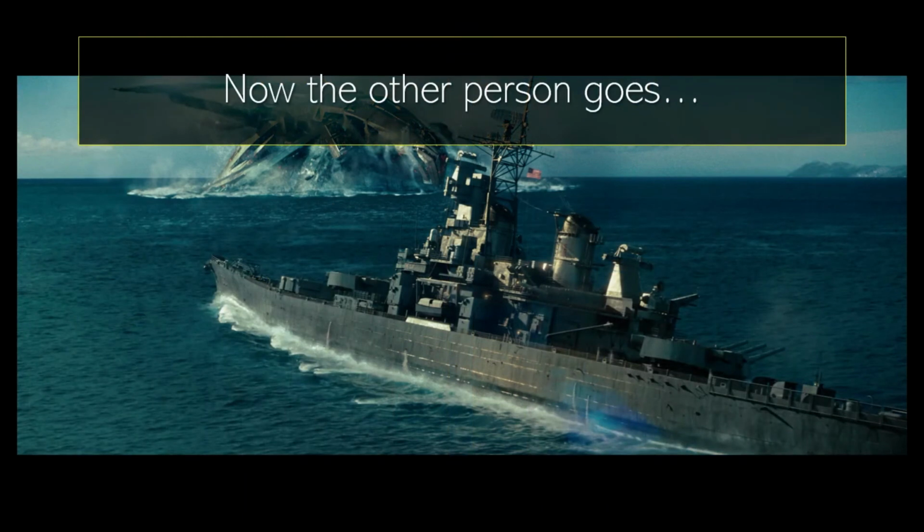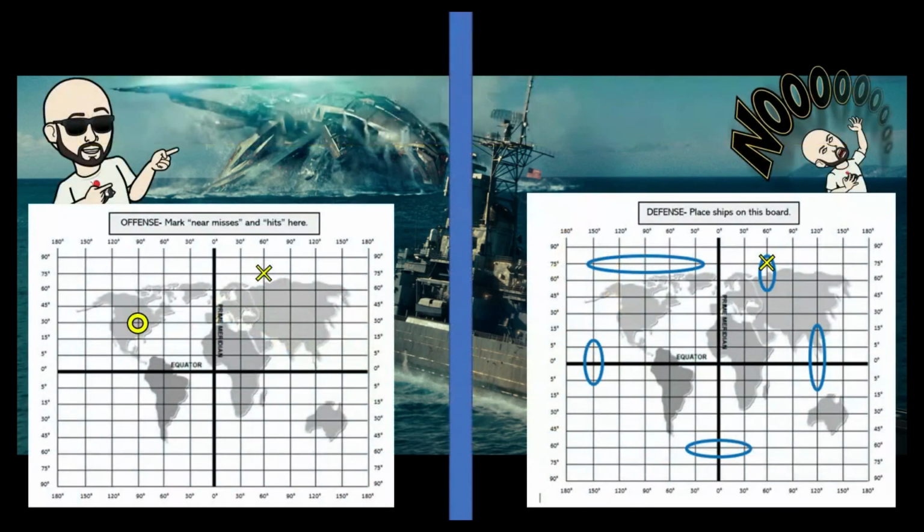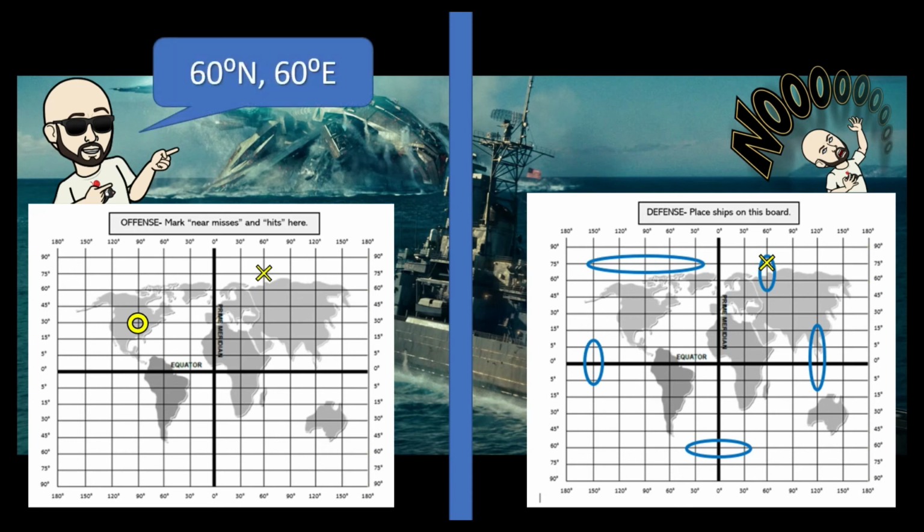Then the other person will go. Then when it comes back around, you can see this is a miss, this was a hit, this was a hit. Then this guy will call another coordinate, 60 degrees north, 60 degrees east. This guy knows nothing good's going to happen because that's a hit. So this person and this person will both put an X there.